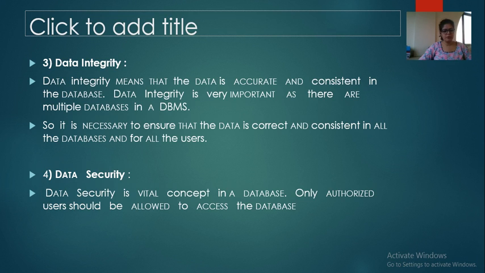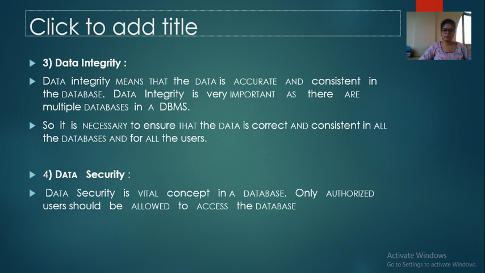Next advantage of DBMS is data security. So students, let's talk about the traditional file system. If we are dealing with a traditional file system, then we cannot lock the files, we cannot hide the files from anyone, and we cannot even hide the data, or protect our data from modifications or updations.